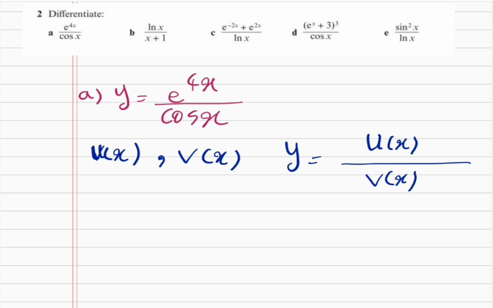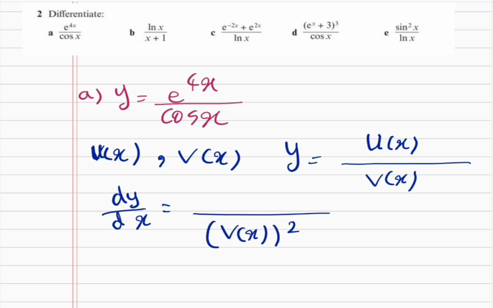So how do you use the quotient rule? So basically dy/dx is equal to the denominator function squared. Then for the numerator, you start with writing the denominator function times the derivative of the numerator function minus, now you reverse the roles.